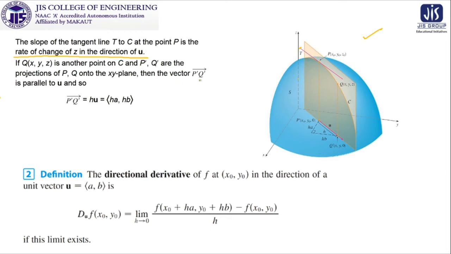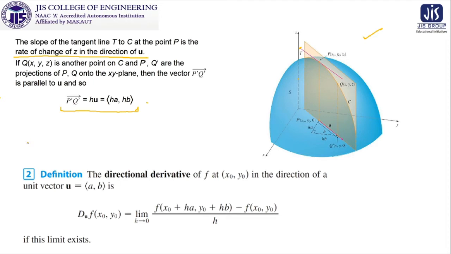Then the vector P'Q' will be parallel to u, because u is the unit vector in this direction. P'Q' will be parallel, may not be the same, maybe greater, maybe lesser, but ultimately it will be parallel. So if they are parallel, we can write P'Q' as hu, where h is a scalar quantity.